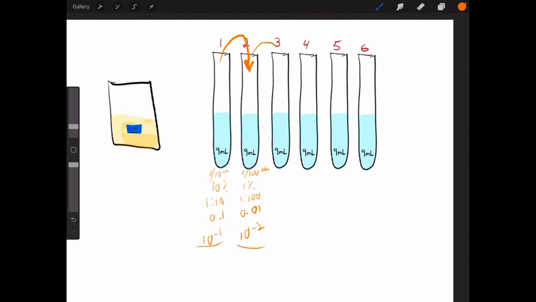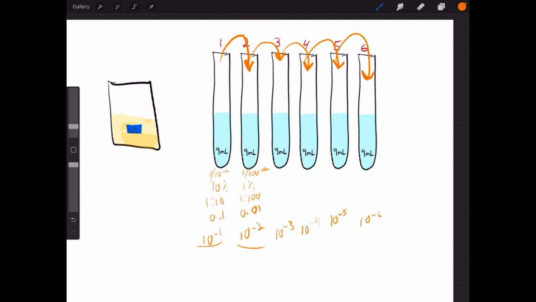We're going to repeat that process, and we're going to get 10 to the negative 3, 10 to the negative 4, 10 to the negative 5, and 10 to the negative 6.